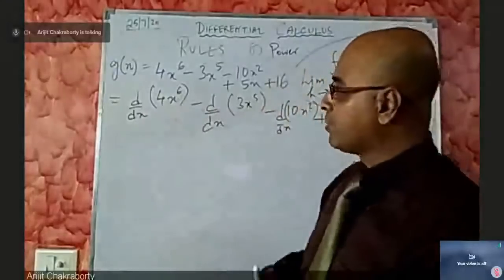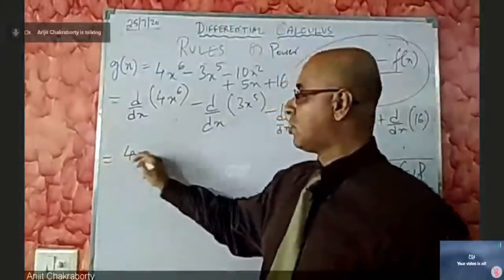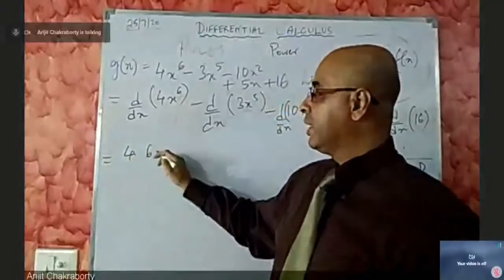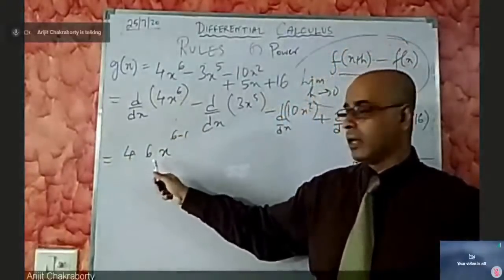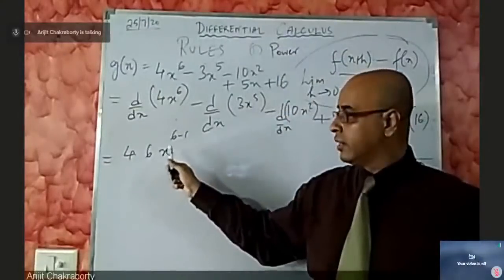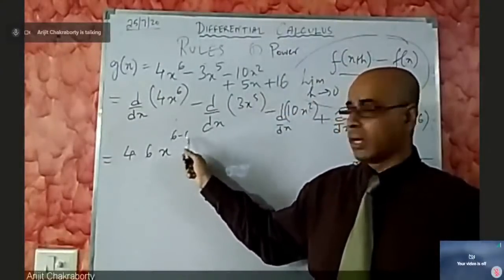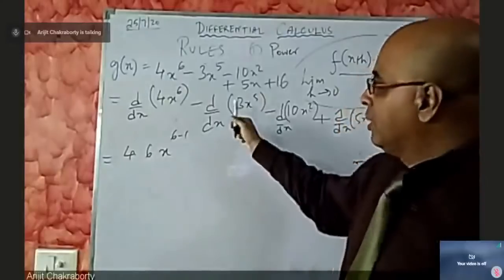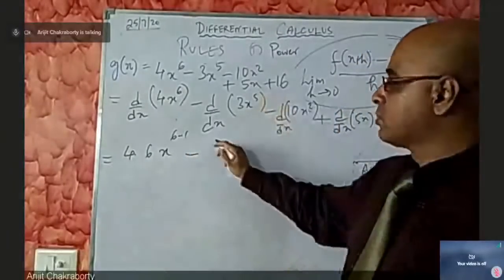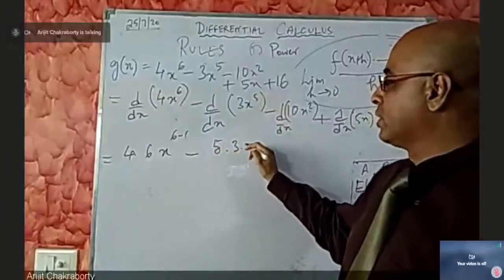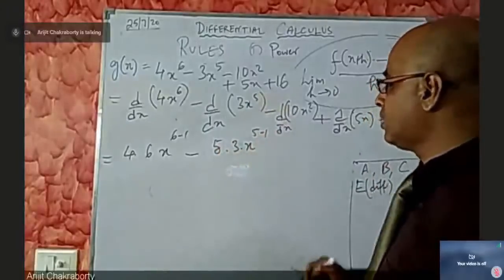So if you break it up, it becomes 4 into 6 into x to the power 6 minus 1, that is a n x to the power n minus 1, minus 3x to the power 5, so it becomes 5 into 3 into x to the power 5 minus 1.